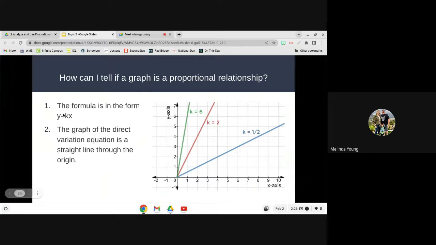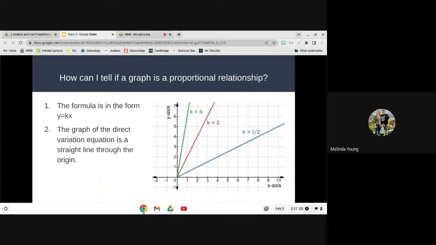So that's this right here. So always look if they have like y equals 7x or y equals 1/3 x or y equals, I don't know, 0.5x. Those would all be considered proportional relationships. If, for example, it was y equals 7x plus 2, that plus 2 makes it not a proportional relationship.